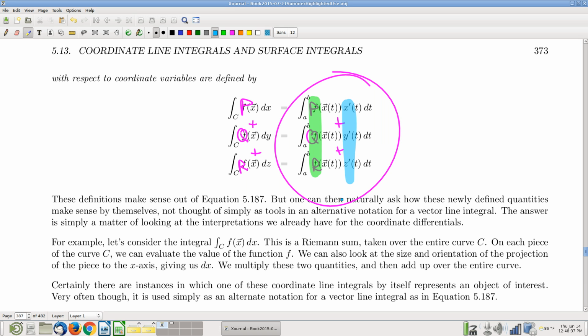You can explicitly see f dot v dt. It is not computationally different. This is not a computational convenience or anything. It's just a notational alternative.